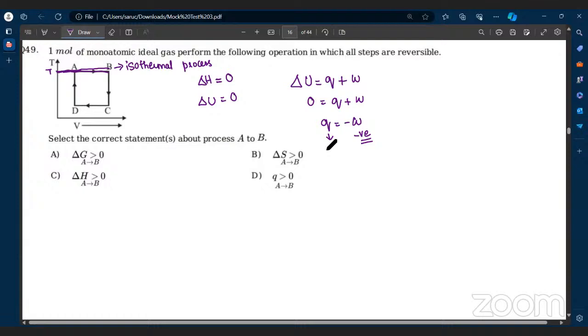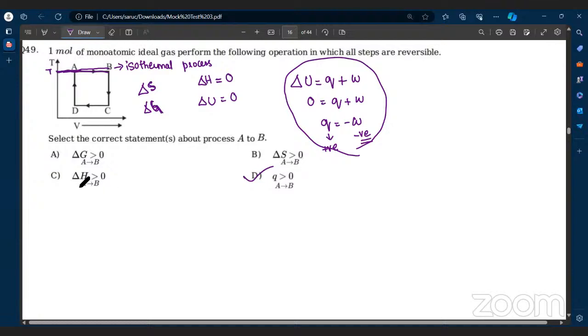So which among the statements is true? What would be delta S, delta H, and delta G? From this we can understand that Q greater than 0 is the right one.